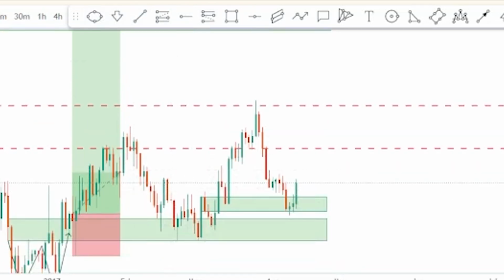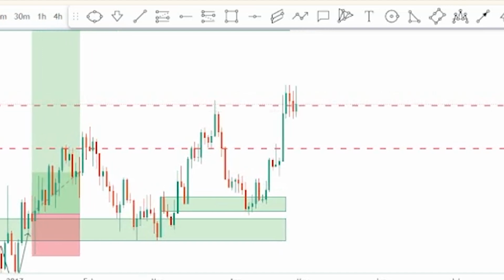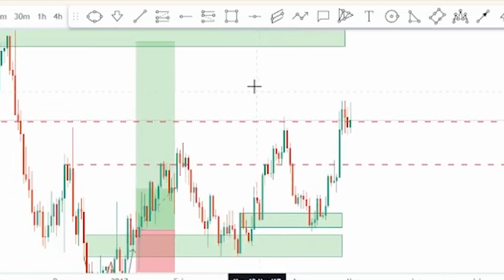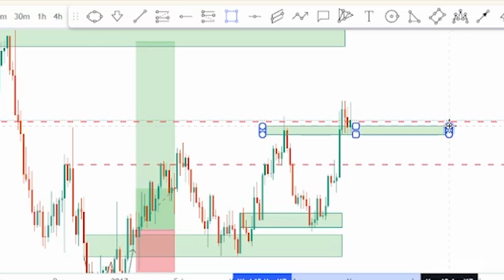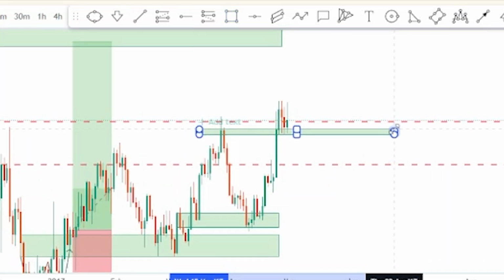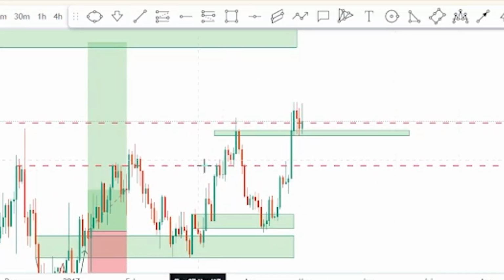Okay, let's continue and see. Okay, upside. So we broke also above this area. If you remember about the trend, uptrend means we are making higher highs and higher lows. So now we broke above this previous high, so we are expecting to continue the uptrend.